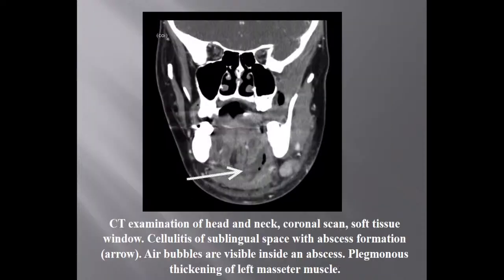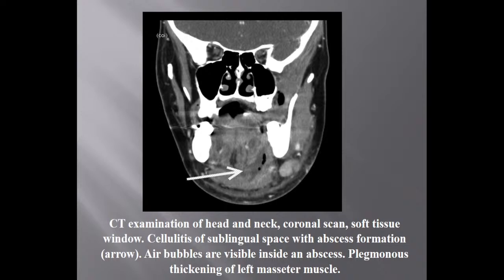And here is CT. It's a purulent cellulitis of the sublingual space with abscess formation. And what is interesting, we can see air bubbles inside this abscess. What does it mean? Air bubbles inside the pus.